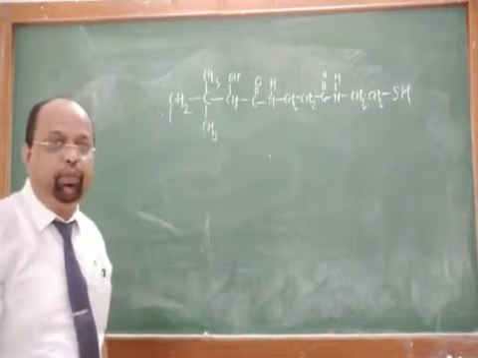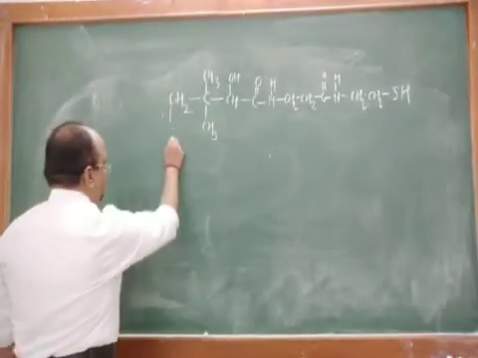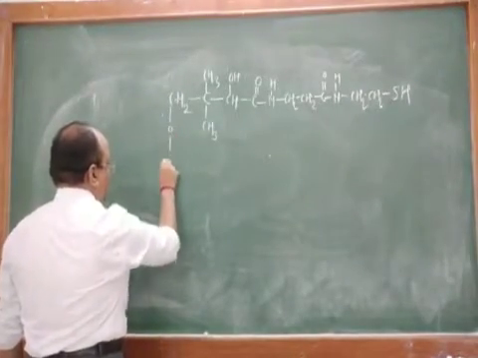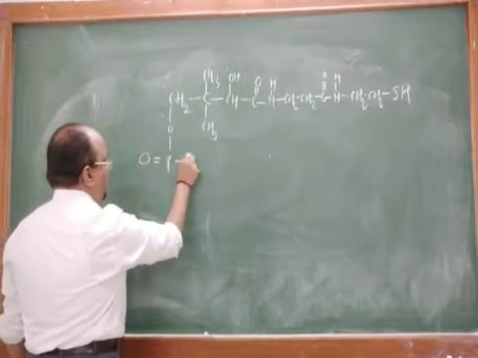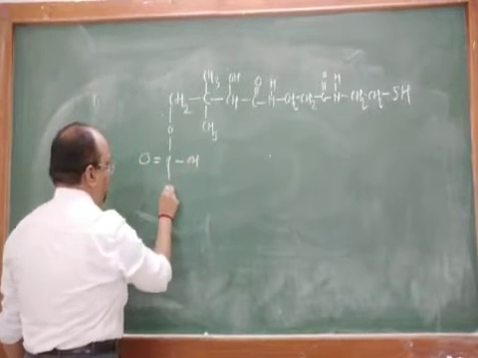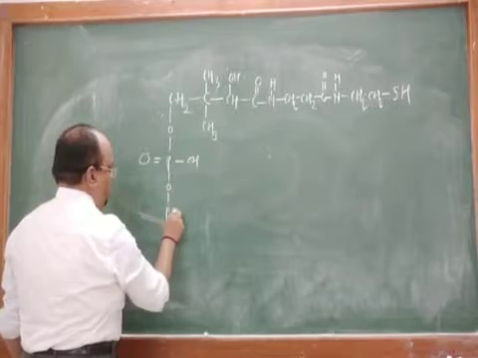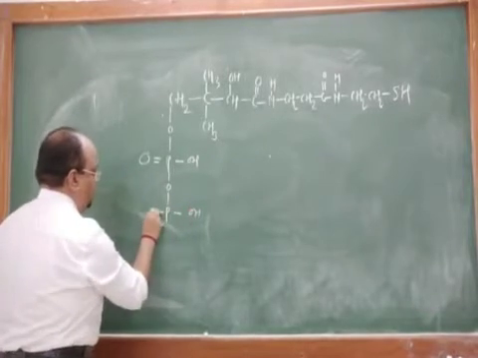This group is phosphorylated by the enzyme. Again, one more phosphate group is there.